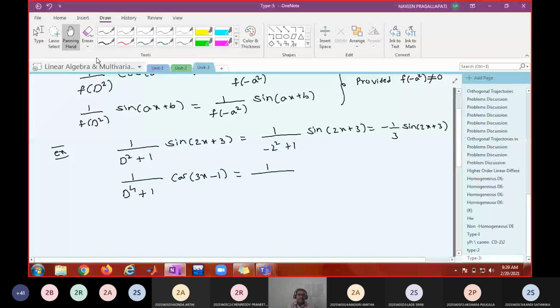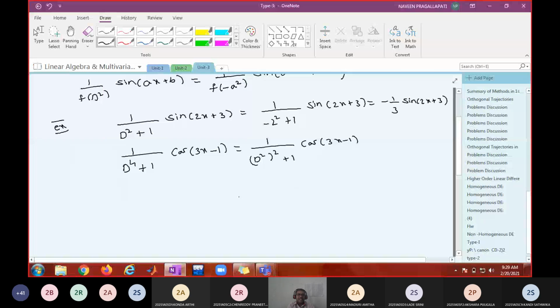D power 4 can be written as d square whole square plus 1 cos of 3x minus 1. Now wherever d square is there, blindly replace d square with minus 3 square. So that means 1 by minus 3 square whole square plus 1 cos 3x minus 1.